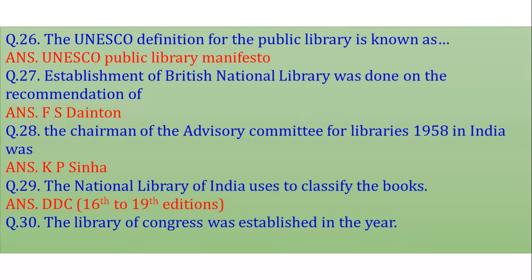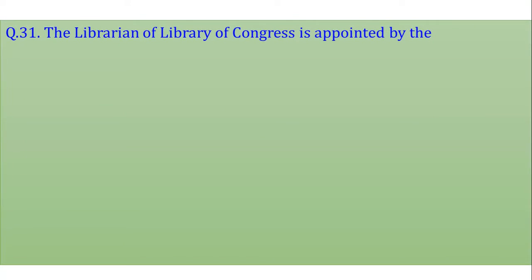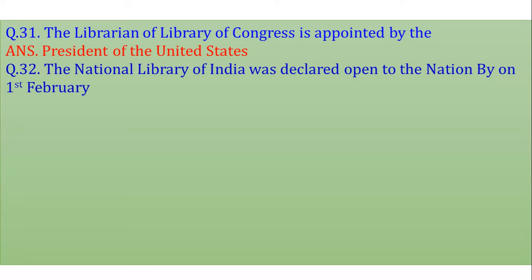The Library of Congress was established in the year 1800. The Librarian of Library of Congress is appointed by the President of the United States. The National Library of India was declared open to the nation by Maulana Abul Kalam Azad on 1st February 1953.